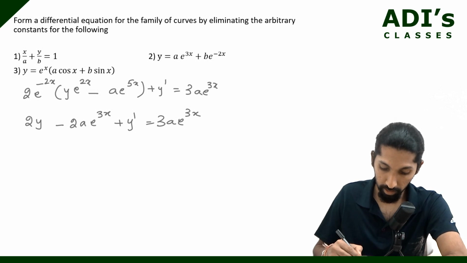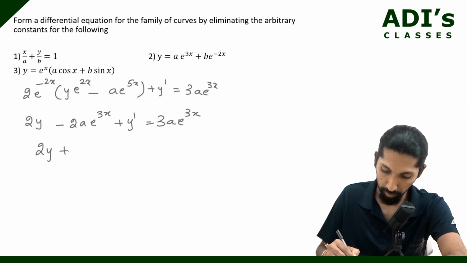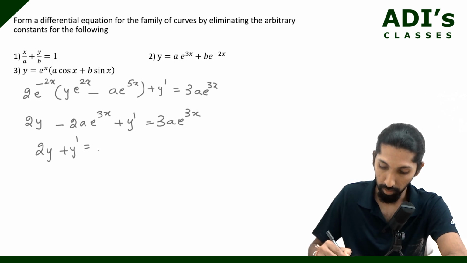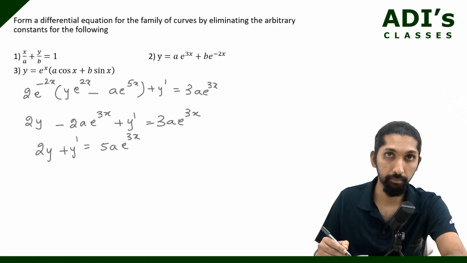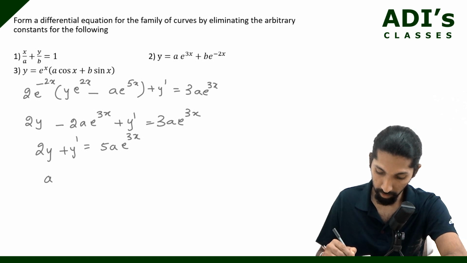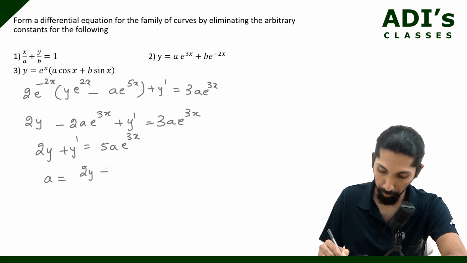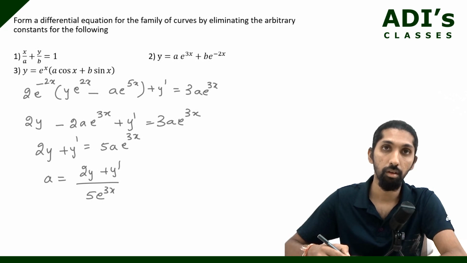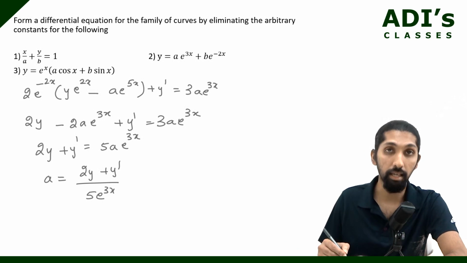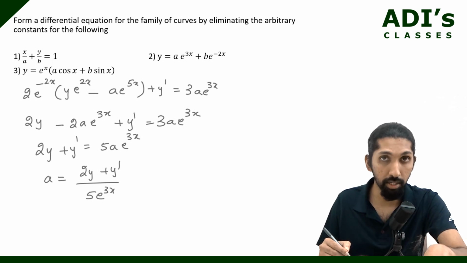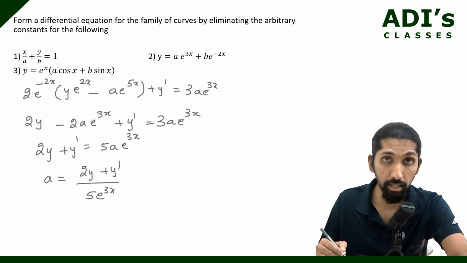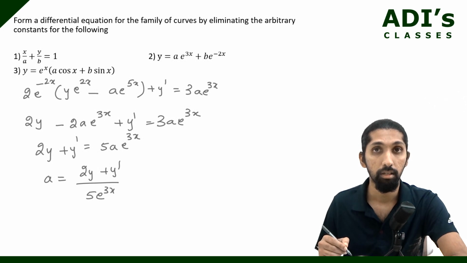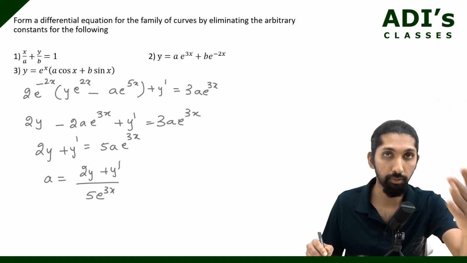So take it on the other side. 2y plus y dash is equal to 5a e to the power of 3x, right? What is a? a is equal to (2y plus y dash) divided by 5 e to the power of 3x, correct? Now we take this a and b and substitute in y double dash, the second derivative. If you substitute that, you're going to get the differential equation.